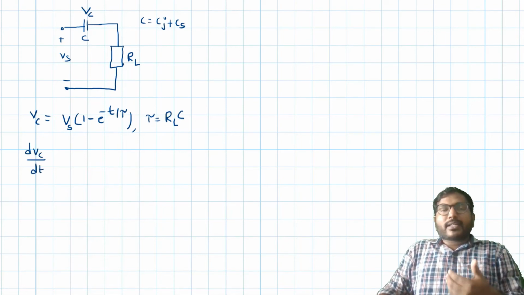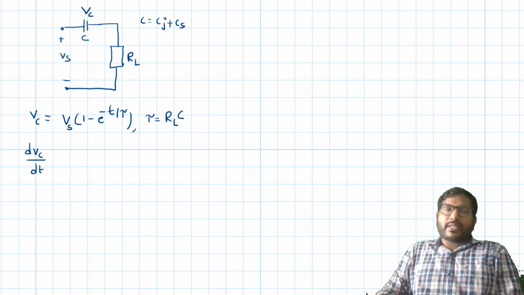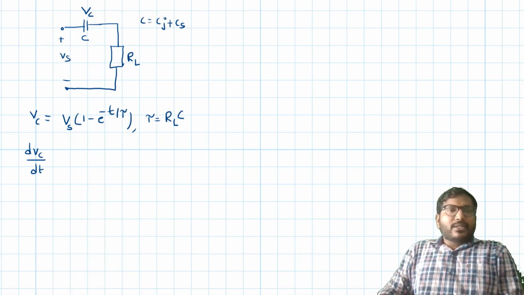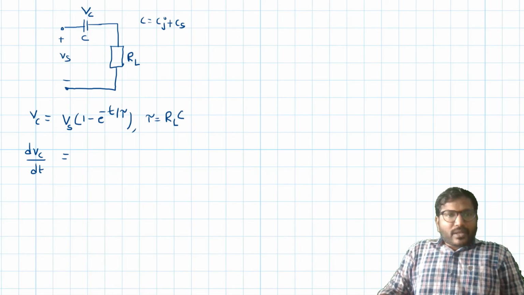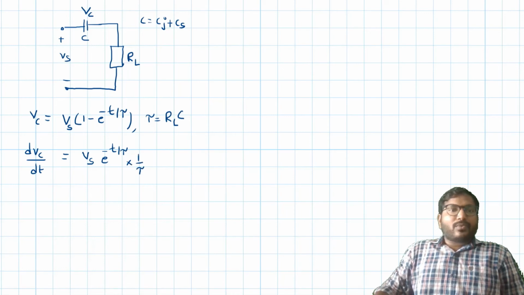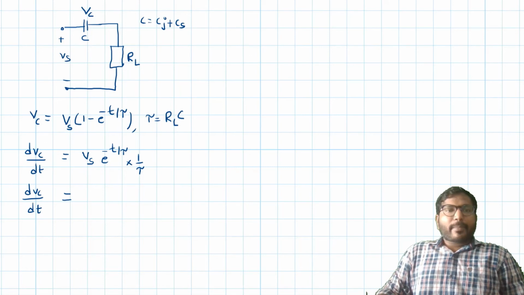To find the condition for the maximum dV by dt, how to differentiate it? We get Vs into e power minus t by tau into 1 by tau. So dVc by dt is simply Vs by tau e power minus t by tau.